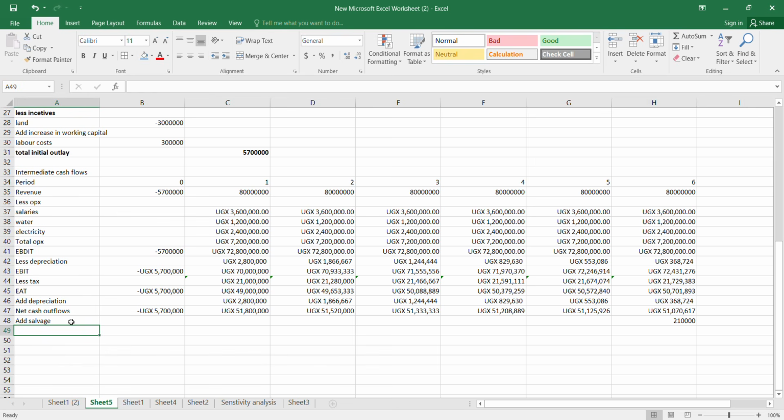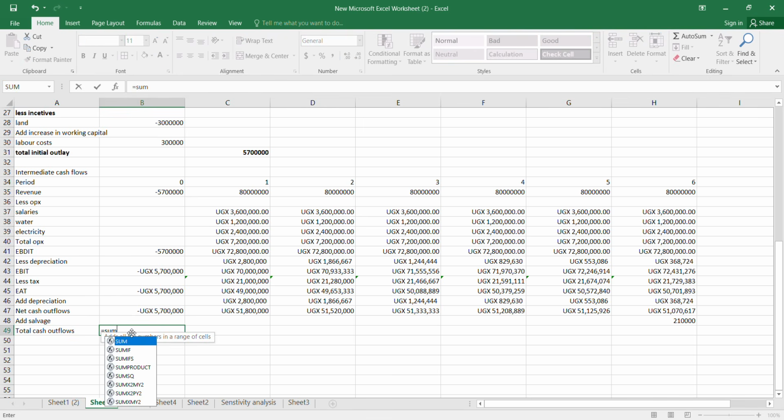And then we'll get the total cash flows. They will equal the sum of this value to this.